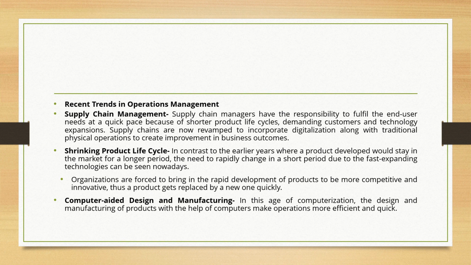Everything is changing. Shrinking product life cycle, yes. Now a product has a shorter life cycle. Before it was longer, because technology has invented new innovative products. The product life cycle has started shrinking. One product basically replaces the other product.